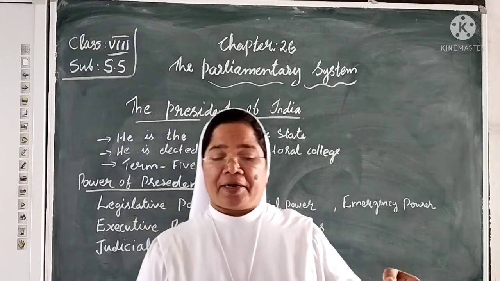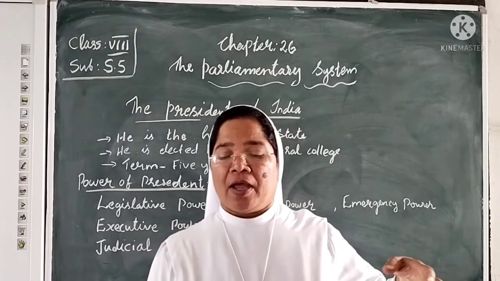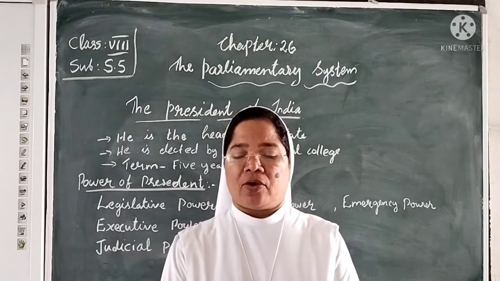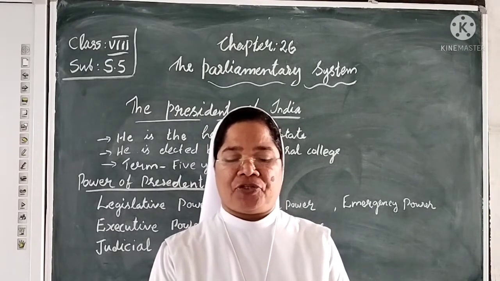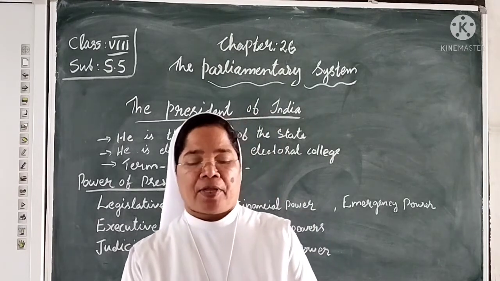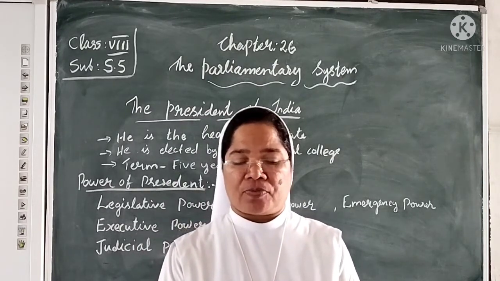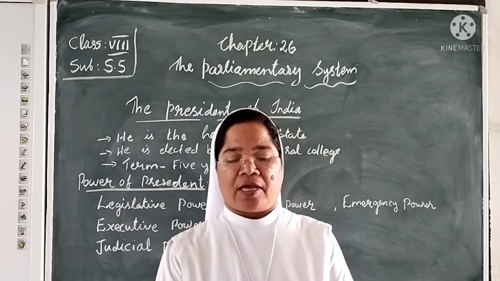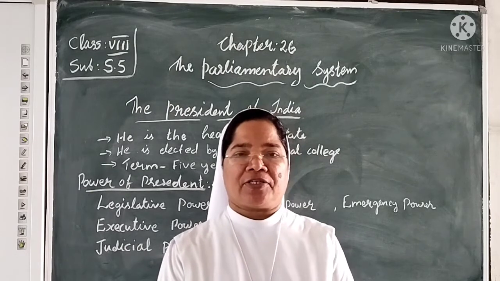The President addresses a joint sitting of both houses of Parliament at the beginning of the first session after each general election of the Lok Sabha, and at the beginning of the first session of each year. The President can also issue ordinances when Parliament is not in session.